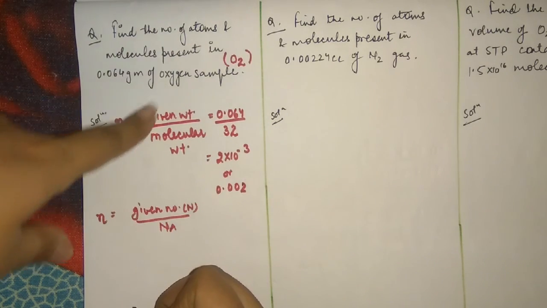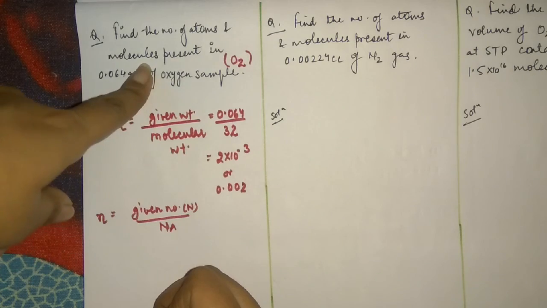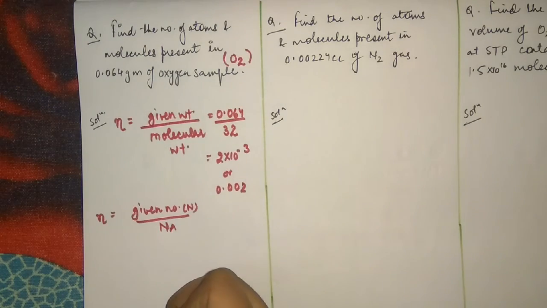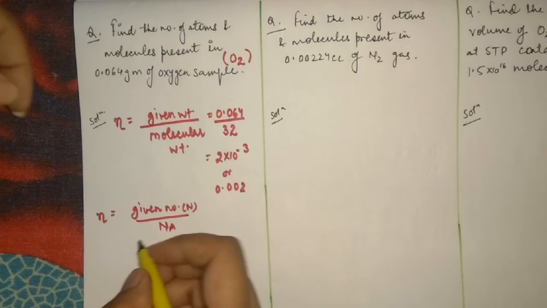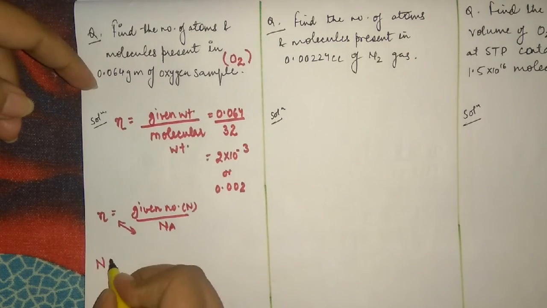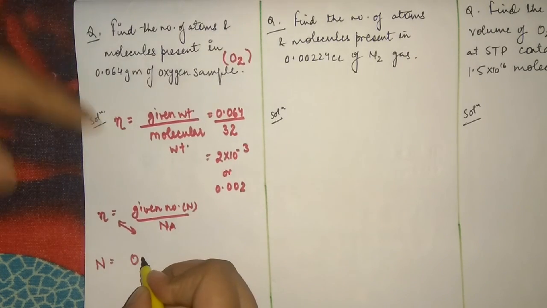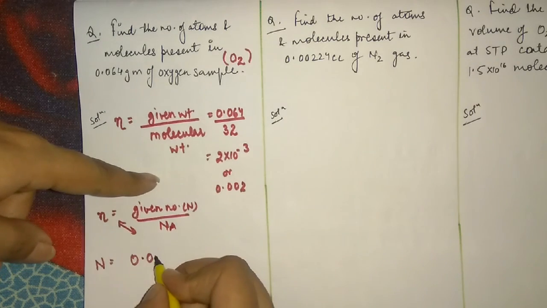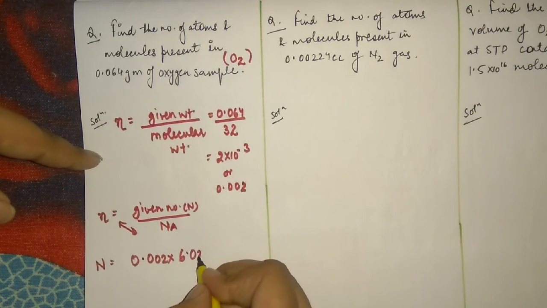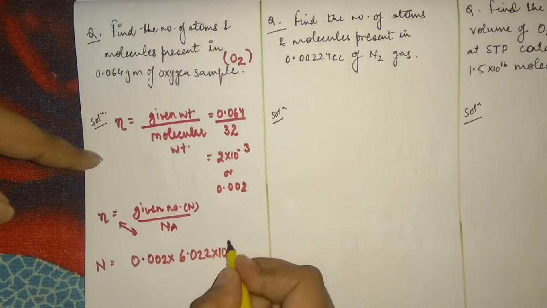You have to calculate the molecules, right? You have to calculate N over here. Why N? Because you have to calculate the number of molecules, so just simply cross multiply. This will give you N is equal to 0.002 into Avogadro number, 6.022 into 10 raised to 23.